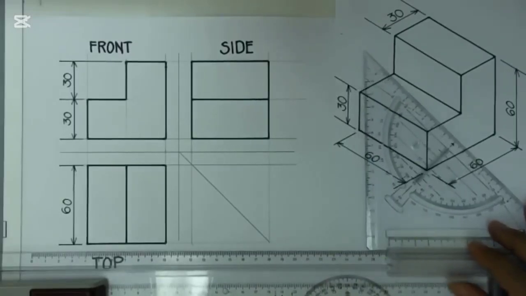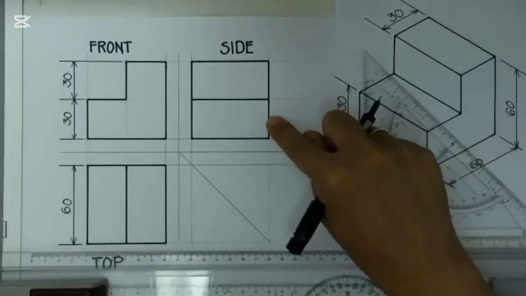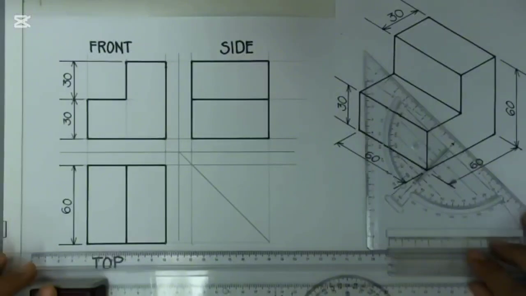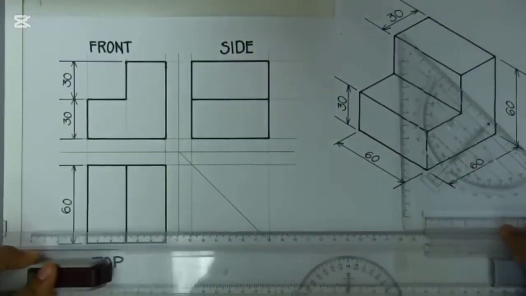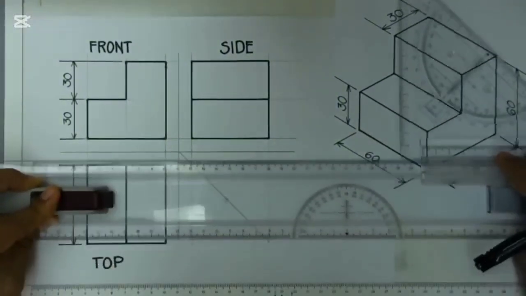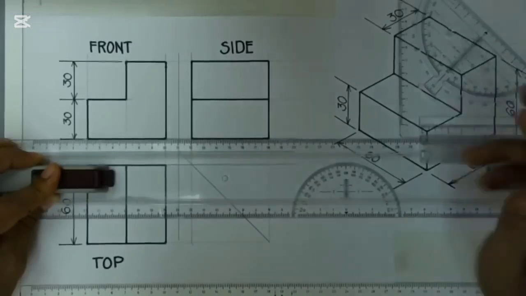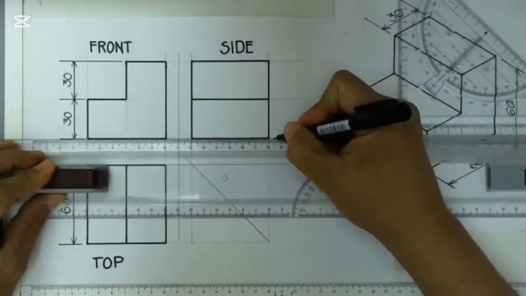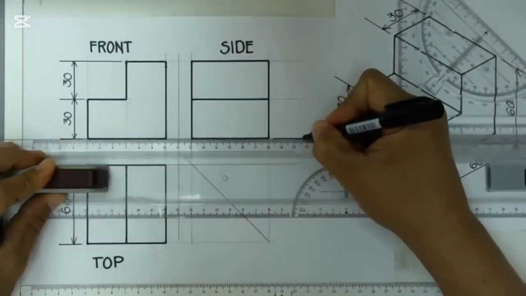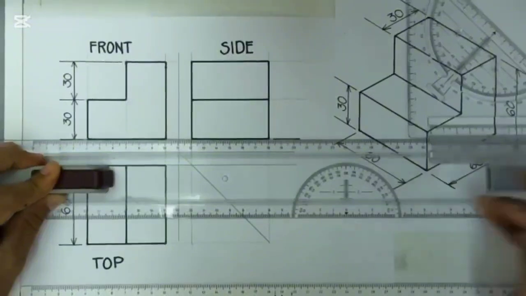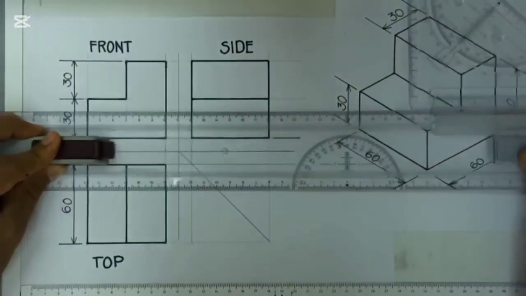Now let's put dimensions in our side view. Again, let's put the extension lines here, and here as well.